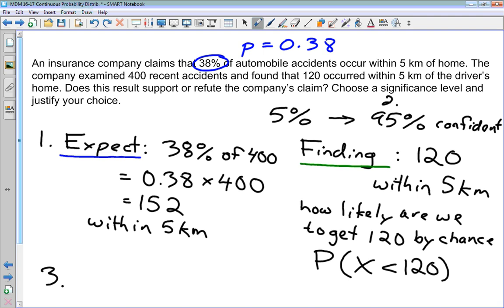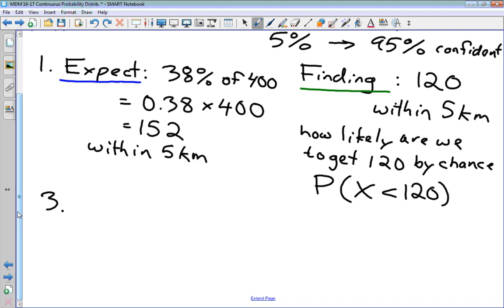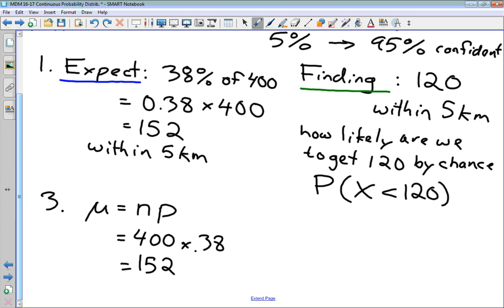So if they give us a probability, definitely we're using normal approximation to the binomial distribution. So what is our population mean going to be? Well, it's np, or 400 times 0.38, which is 152. So our expectation is always that we're going to get the population mean.